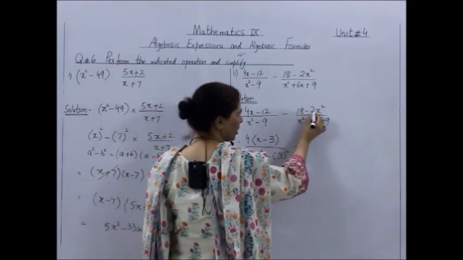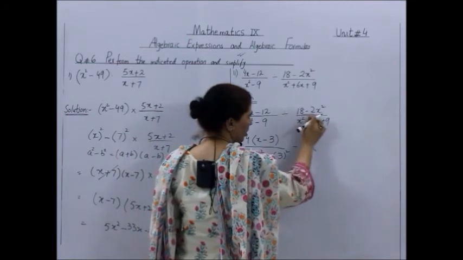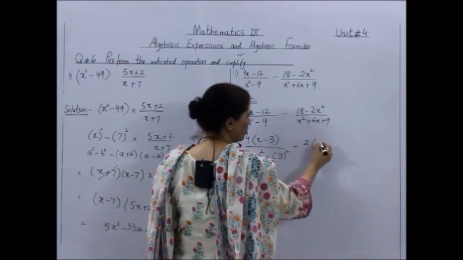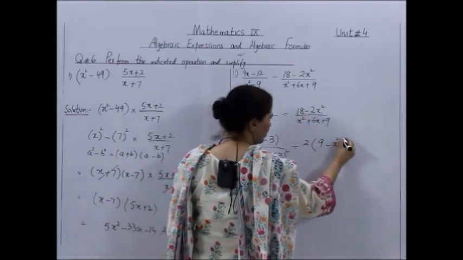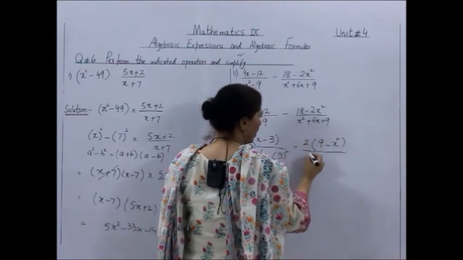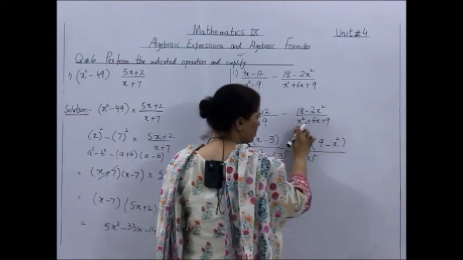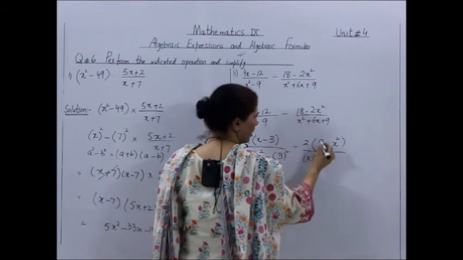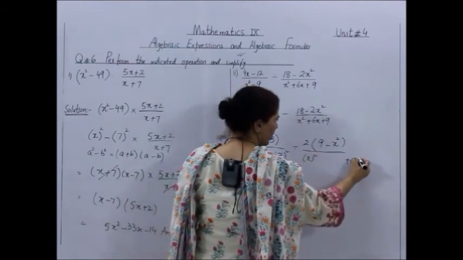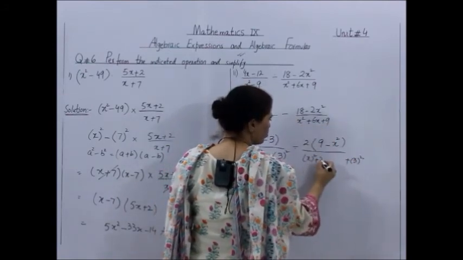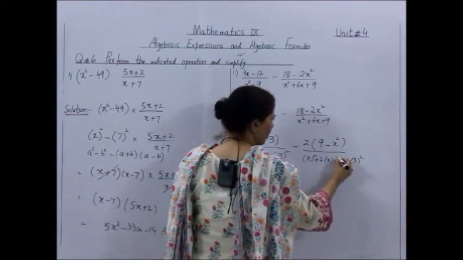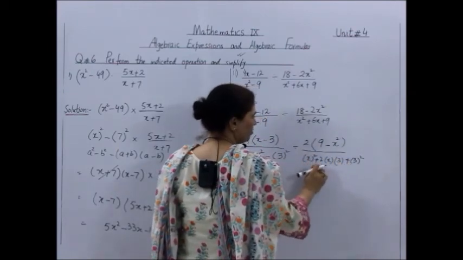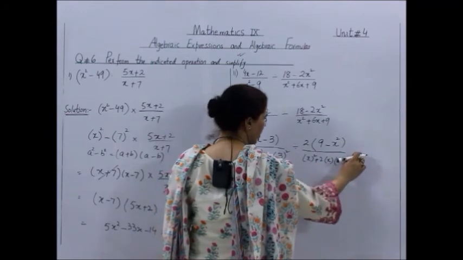Divided by, we can take 2 as common, 2 9s are 18, and this will become x square plus 3 whole square plus 2ab. A square plus 2ab plus b square.